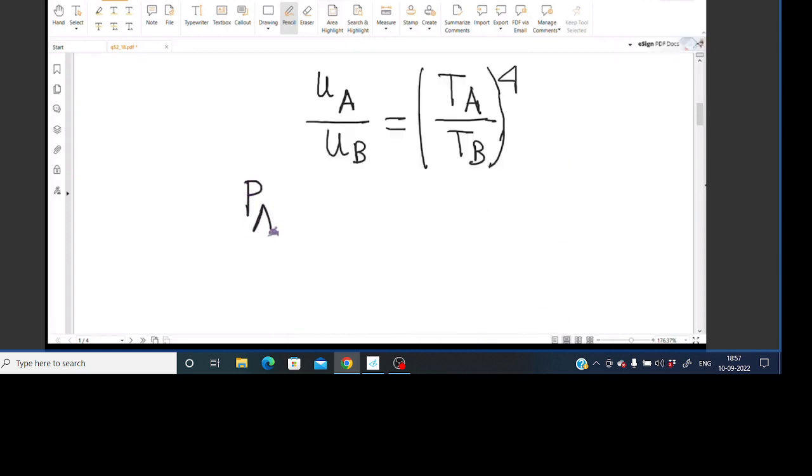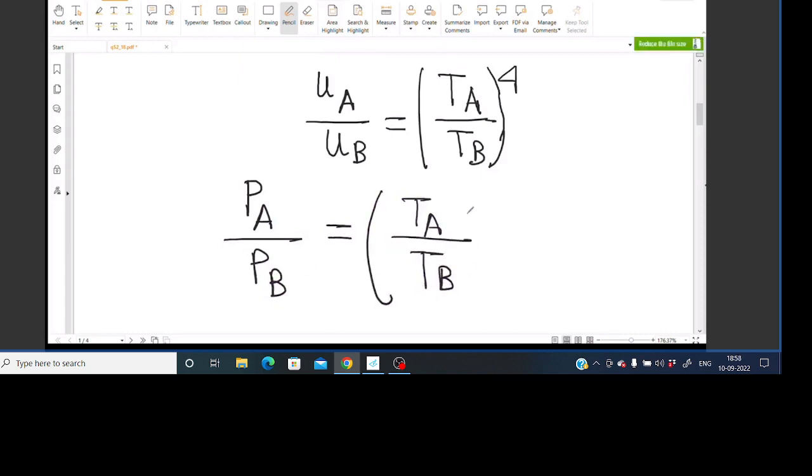Thus, in this question, we have PA by PB equal to TA by TB whole to the power 4 into RA by RB whole square.